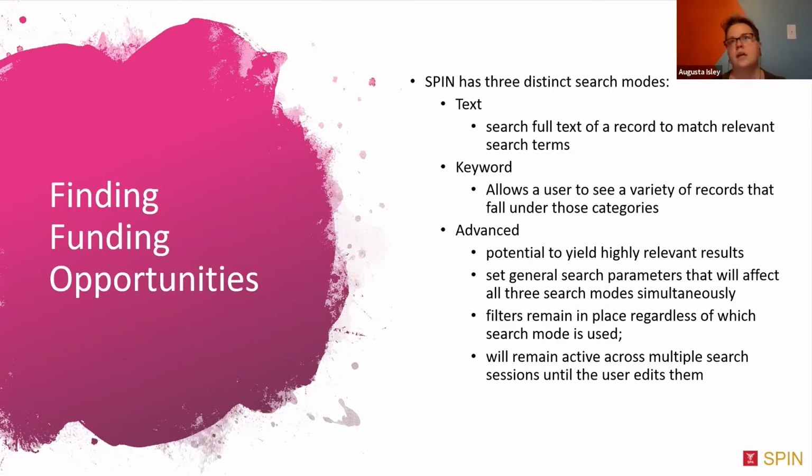Like any other database, the funding opportunities are tracked and cataloged with keywords. And so there is a keyword search feature that allows a user to see records that fall in those categories. So those are records that have been labeled by the Spin team under certain keywords.